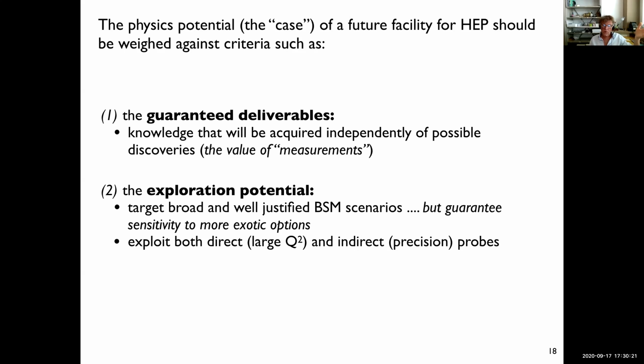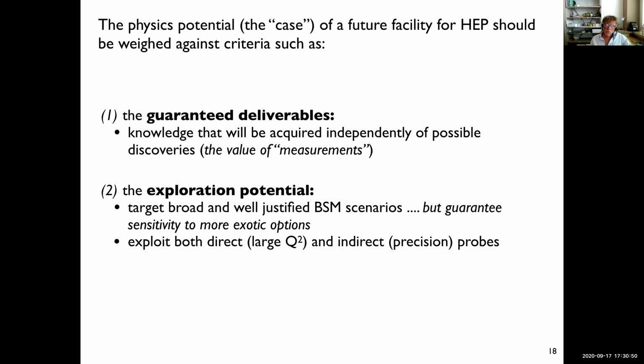Of course, you want to have an exploration potential, and that means you look at a broad set of justified, reasonable BSM scenarios, and you want to make sure that those will be covered. And you want to be covered also if what turns out to be the new physics is something you have not thought about. You have to have enough flexibility to cover more exotic options.